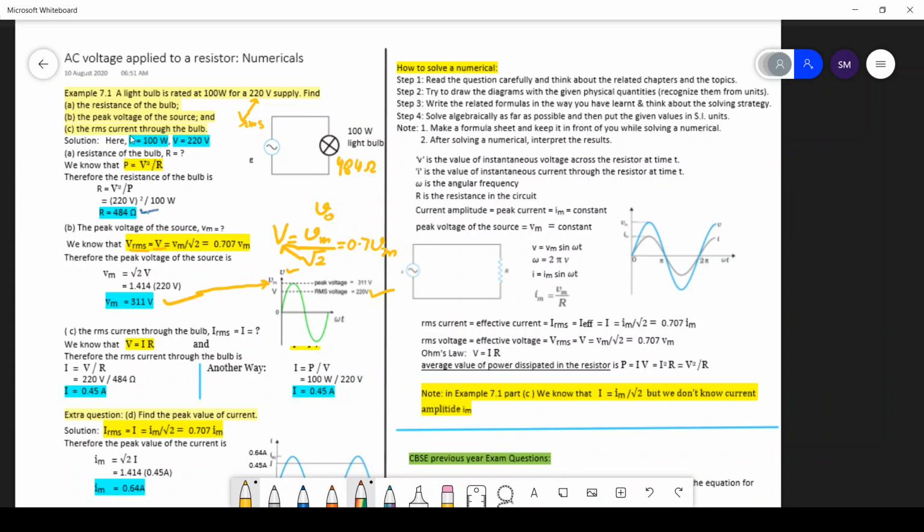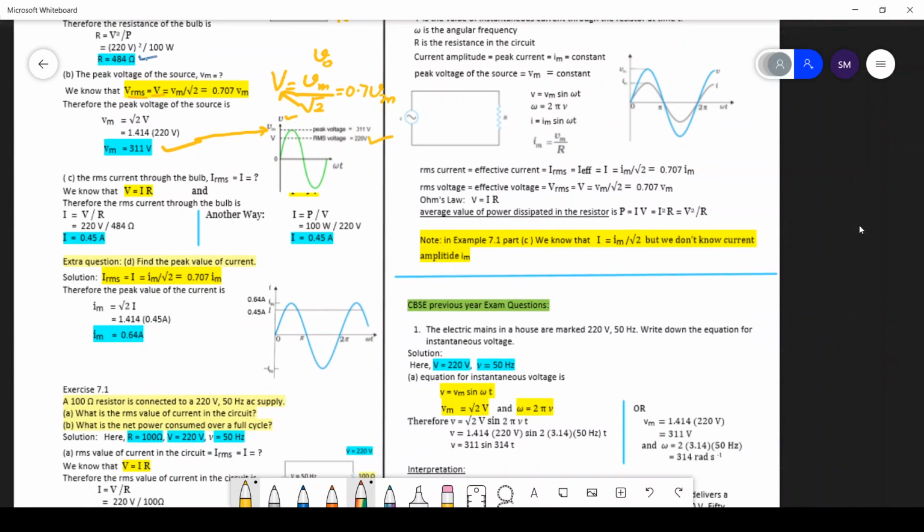So what is the next part of this question? The RMS current through the bulb. So what is the RMS current? So current is also of two types, RMS and maximum. Let us see here. So we have the formula V is equal to IR.